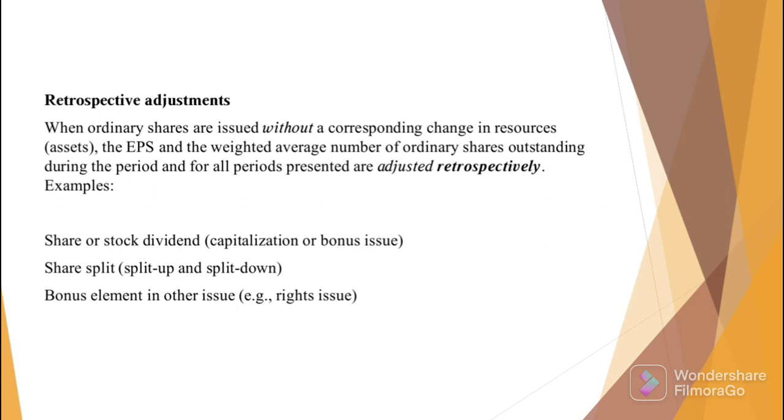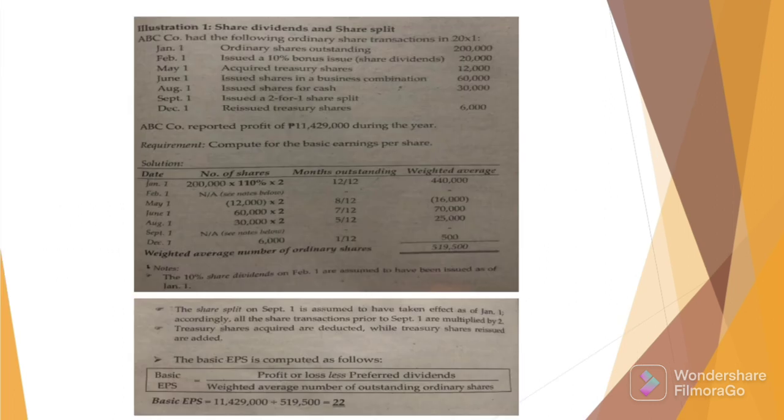Now let us give example. Dito tayo. Share dividends and share split. According sa problem, ang ABC Corporation daw had the following ordinary share transaction in 2021. So, ito yung breakdown ng ordinary share transaction during 2021.